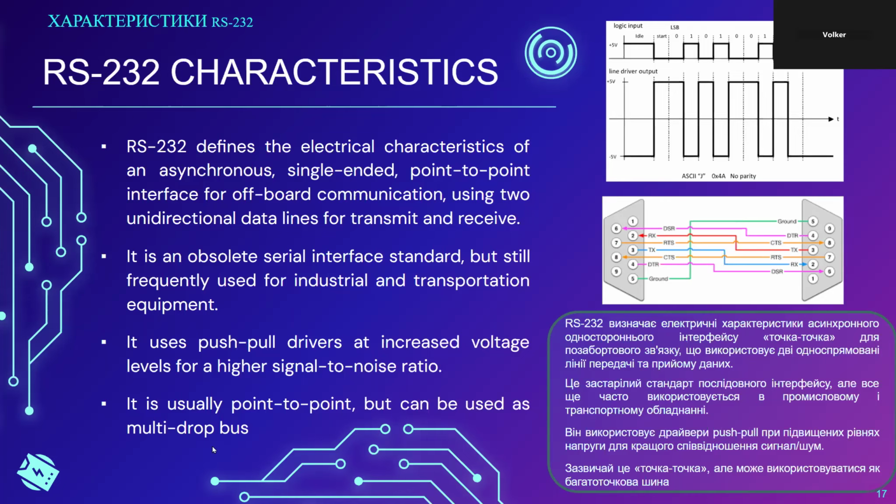It uses push-pull drivers and an increased voltage level for higher signal-to-noise ratio. Again, this was done because differential drivers didn't exist at the time. It is usually point-to-point, but can be used as a multi-drop bus. It's normally used as point-to-point.